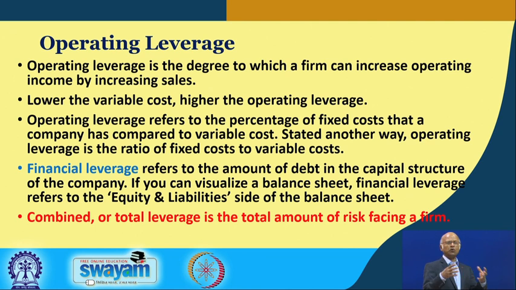Suppose you insist that no, I do not have the money, please give me 30 lakh rupees so that I can start, and as I make profit, I will not draw that money as dividend, I will reinvest, plow back that money in the business. Gradually my debt to equity ratio will reduce, meaning that I will repay the loan and then my leverage will come down. So, you start with high leverage, then gradually you bring down the leverage.